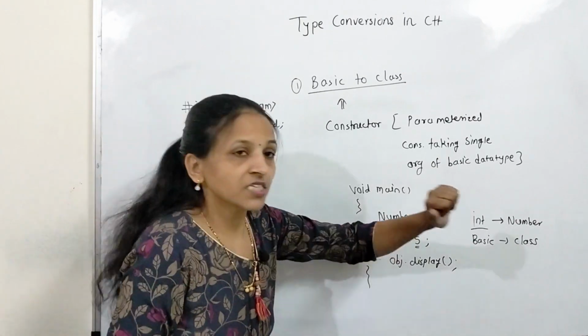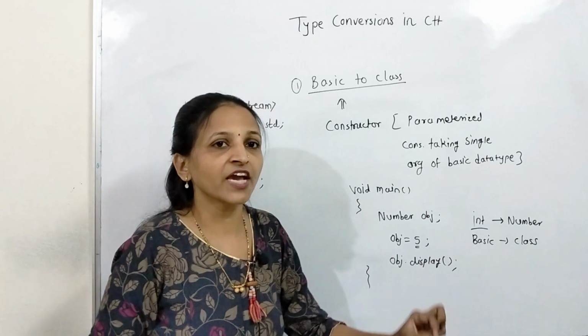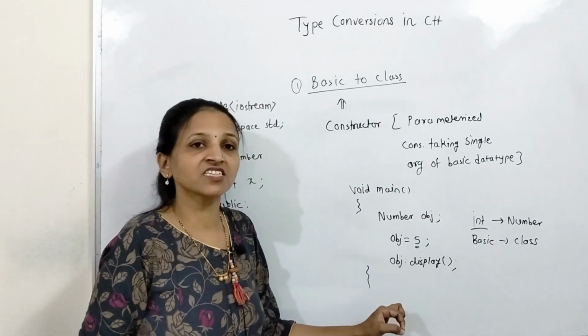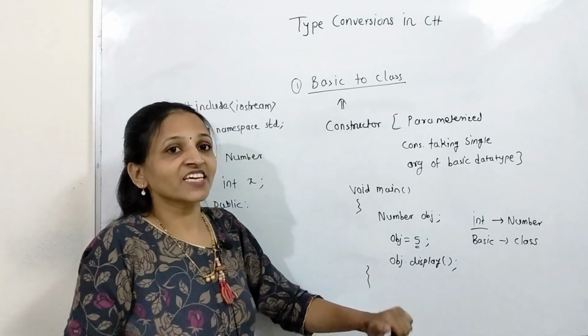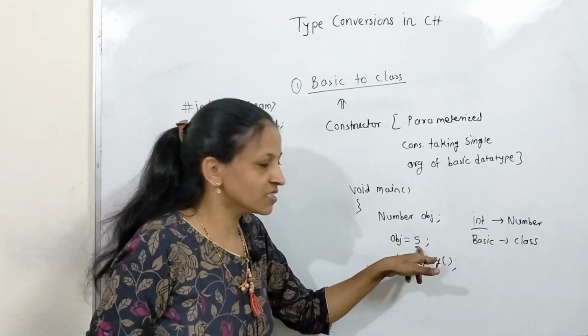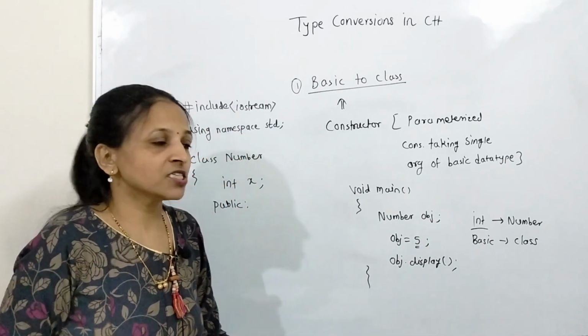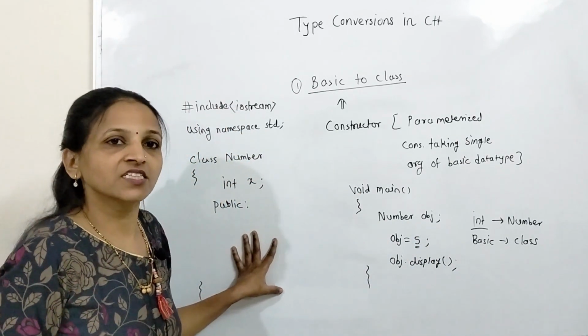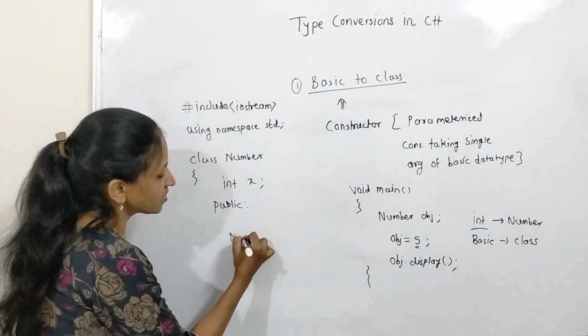Getting my point? We already saw that if you want to achieve basic to class type conversion, then we have to write one parameterized constructor in this Number class, which takes one argument of this basic data type. Simple, that parameterized constructor I am now going to write here in this Number class. Now see how to write the parameterized constructor.